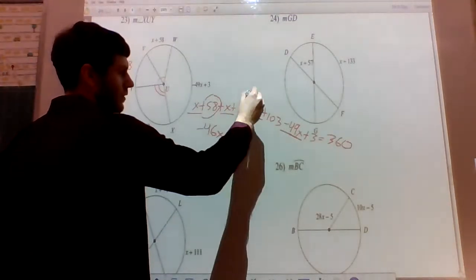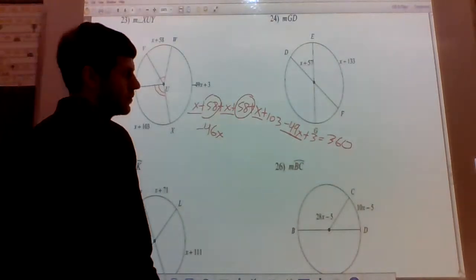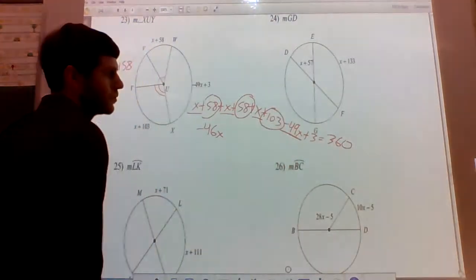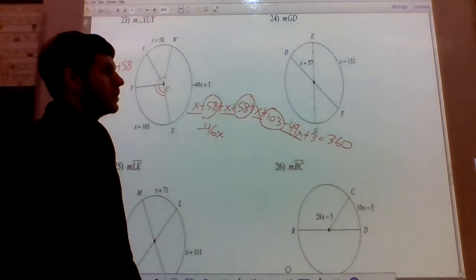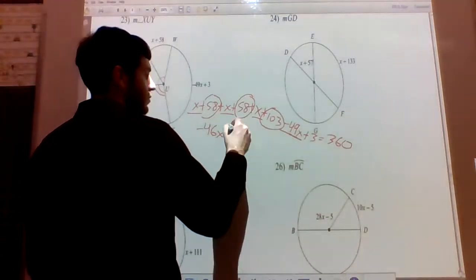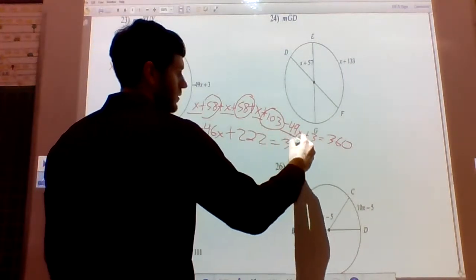Then we have 58 and 58. That's going to be 116. 116 plus 103, 219, plus 3 is 222. That's going to equal 360.